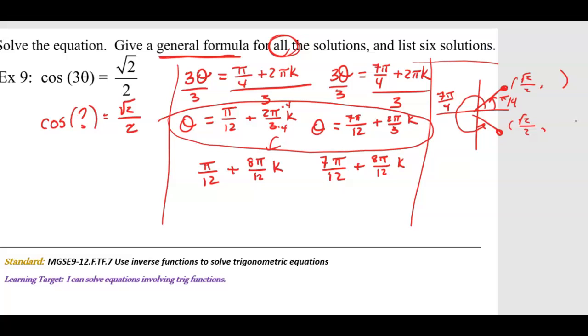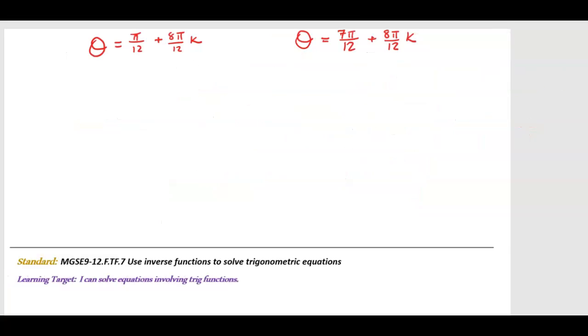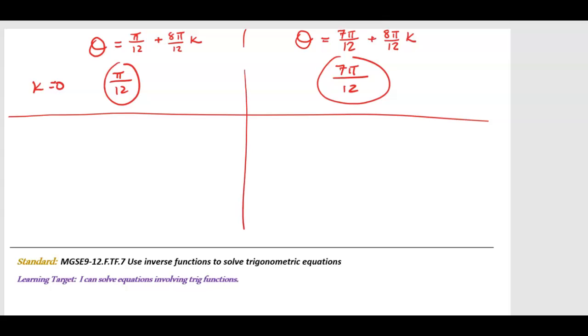So I'm now going to find 6 specific solutions by cranking them out. So let's plug in 0. When I plug in 0 for k, the k term is gone. So one solution, plug in 0 for k, 7 pi over 12. Boom. Now I'm going to plug in 1.